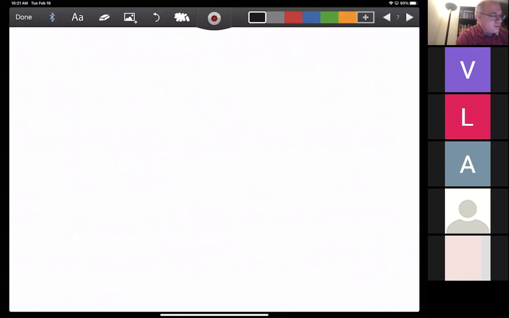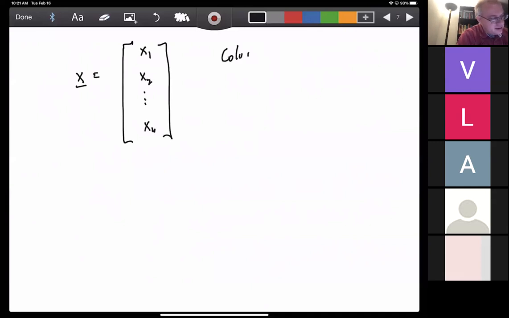Now, we had our unknowns, so we can put those together into a column matrix, or a column vector, I should say. This is a special type of matrix, but we'll typically think of this as a distinct thing called a vector.